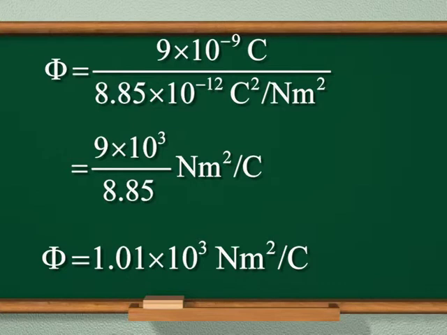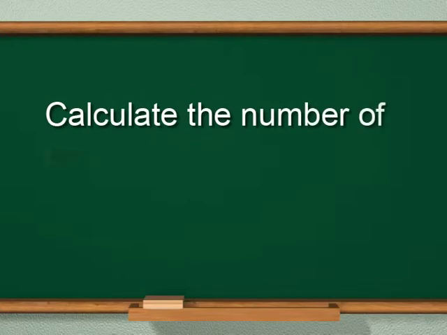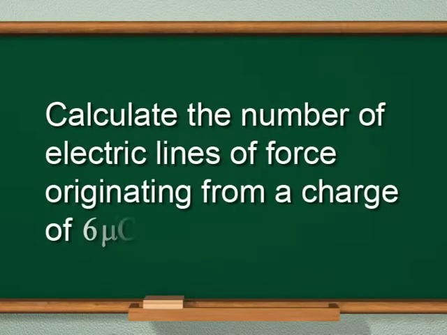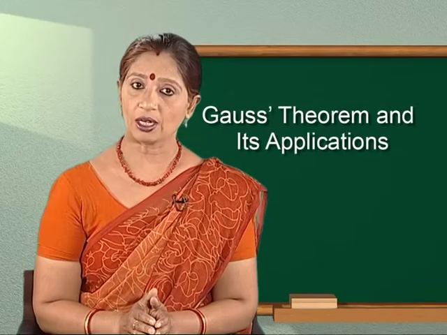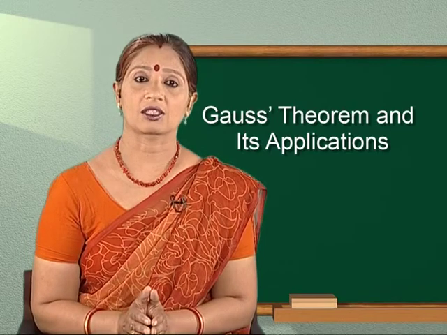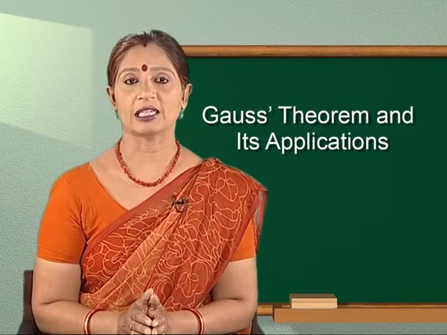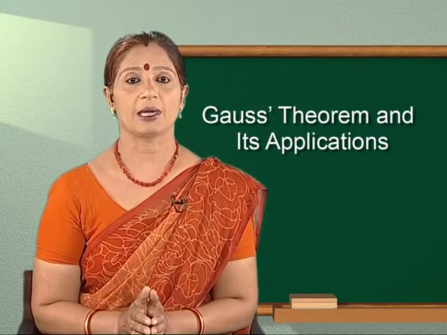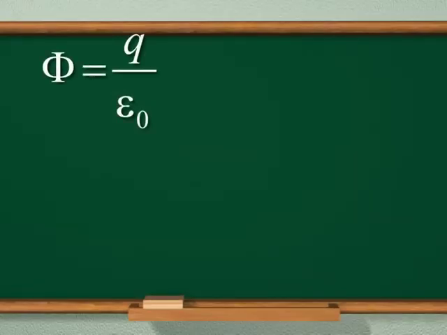Let us take one more problem. Calculate the number of electric lines of force originating from a charge of 6 microcoulomb. We know that the electric flux or total number of electric lines of force passing through the surface is given by capital Phi equal to Q by epsilon naught.